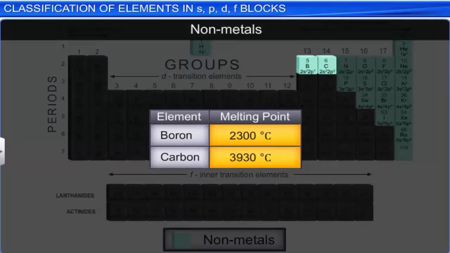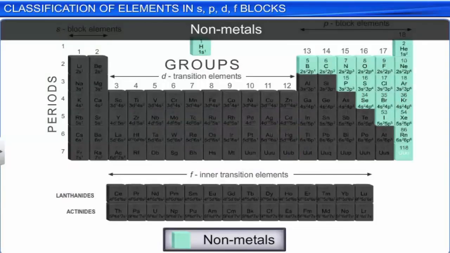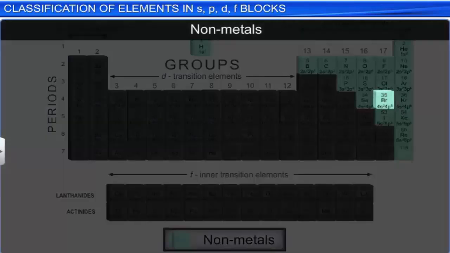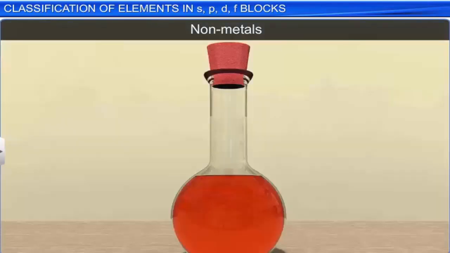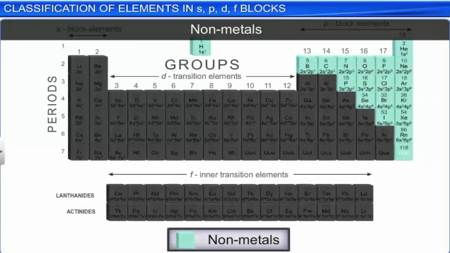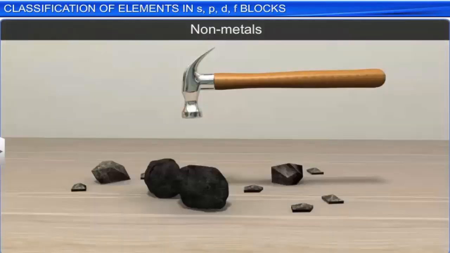It is also important to note that bromine is the only nonmetal that exists in liquid state at room temperature. They are poor conductors of heat and electricity. Solid nonmetals are brittle, non-malleable, and non-ductile.